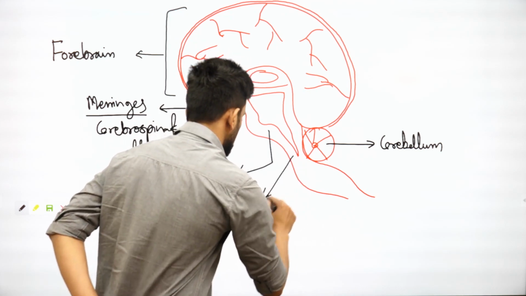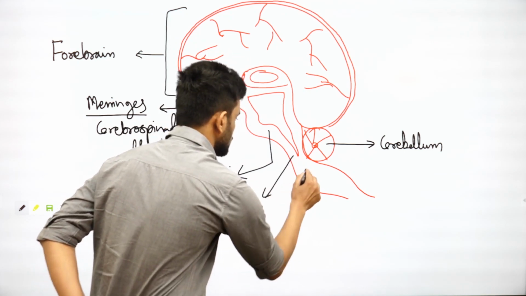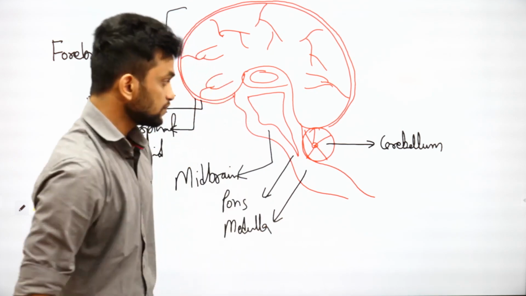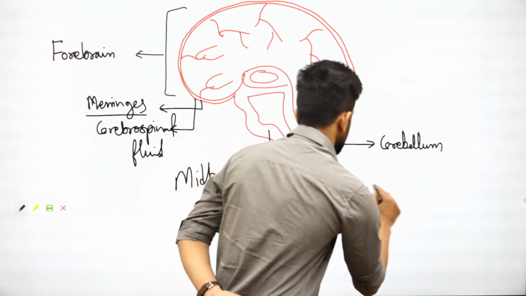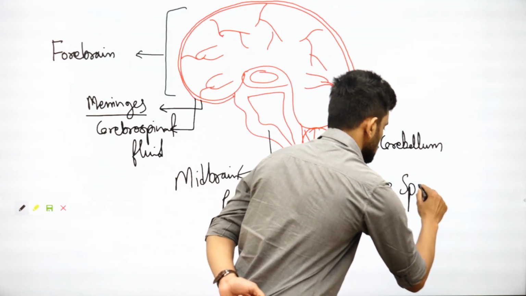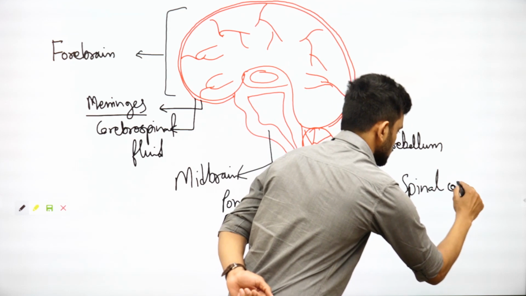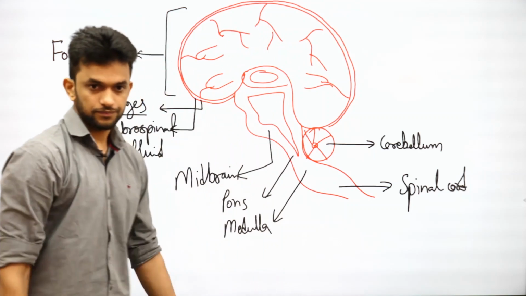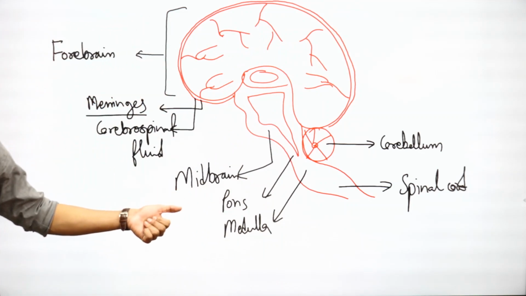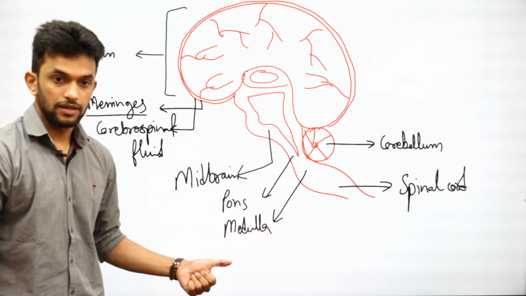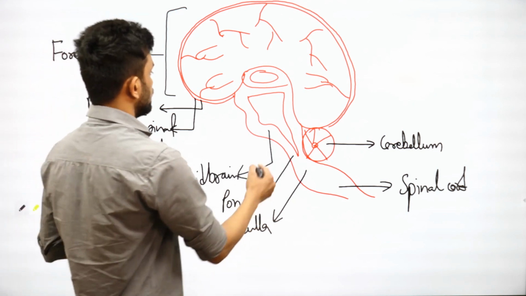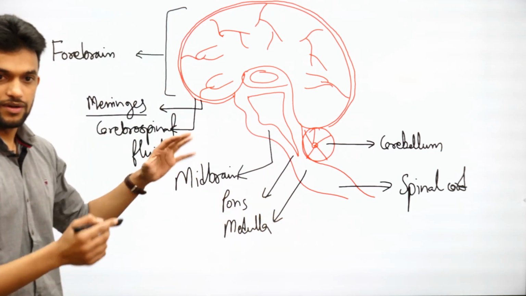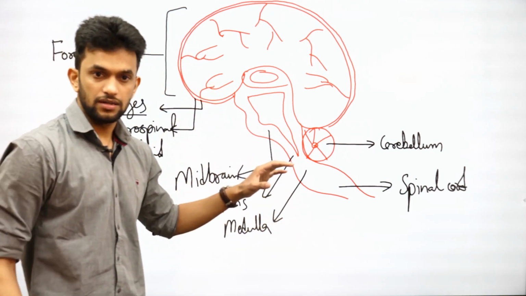Then here we have pons, below that we have medulla oblongata, then it leads to spinal cord. Right, people? I guess this is pretty much it, and we have mentioned all the major parts.